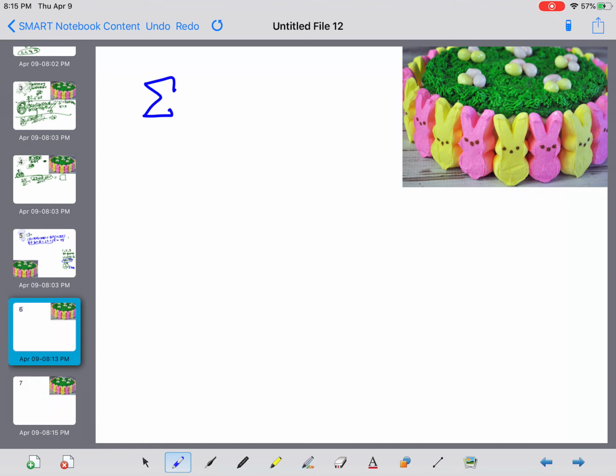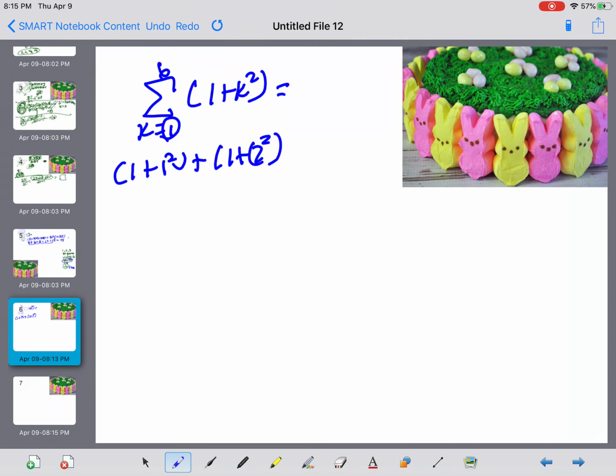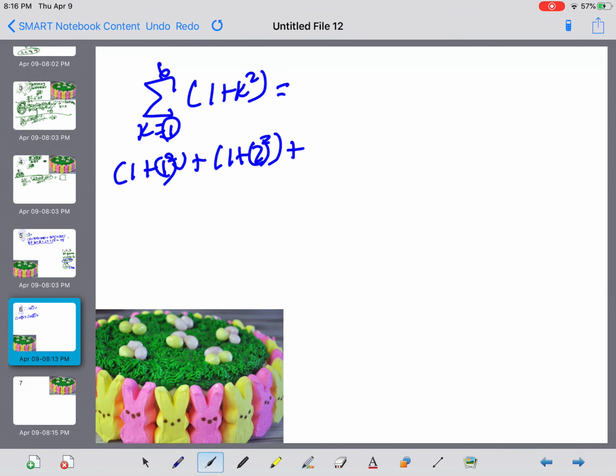The next example is a sum of 1 plus k squared, whatever variable they use. They'll tell you what k goes from. K goes from 1 to 6. And so you'll fill in 1 plus 1 squared, start at 1, plus, the next term is 1 plus 2 squared. The next one is 1 plus 3 squared.